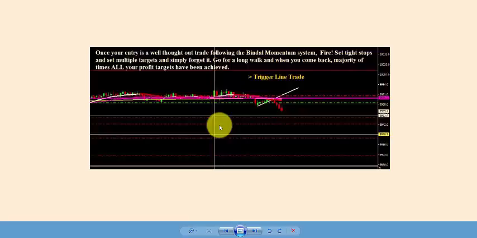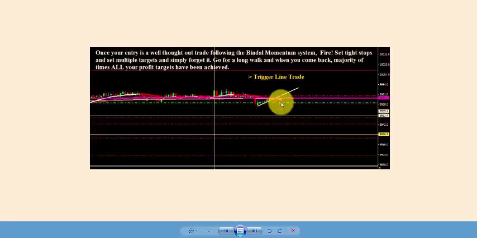Although I could be looking at longer term time frames, 4 hours, 1 hour, 30 minutes, 15 minutes, my entry is based on that 1 minute chart. So I can get away with a tiny stop.